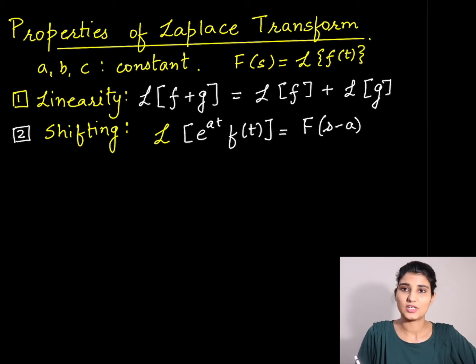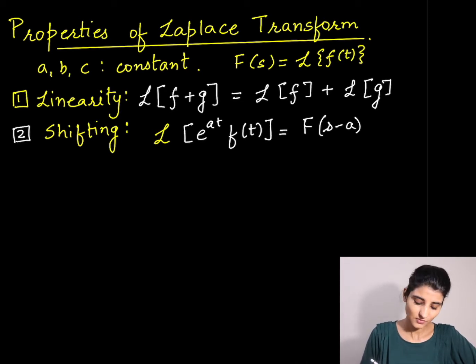So this function capital F denotes the Laplace of f. So basically you are shifting the Laplace variable s by a units if you are multiplying f(t) by e power at. Okay, this is a very useful property.